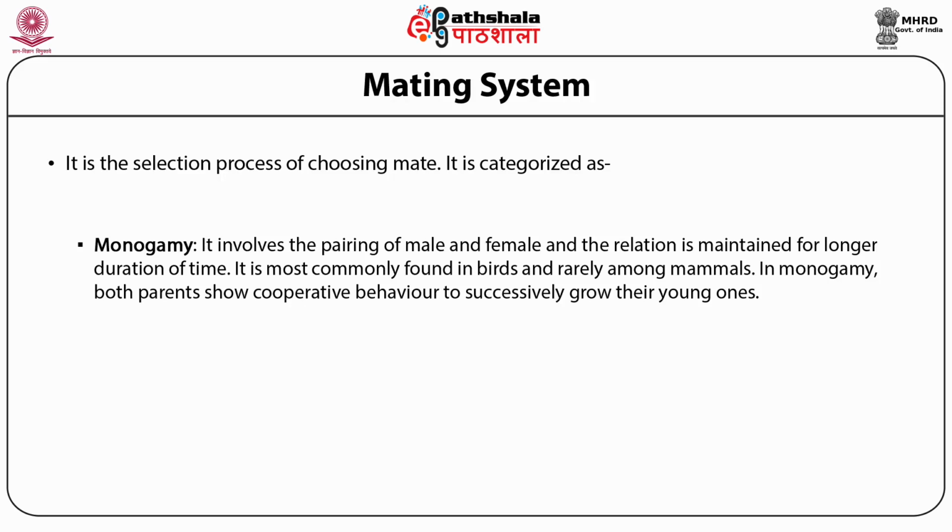Monogamy is most commonly found in birds and rarely among mammals. In monogamy, both parents show cooperative behavior to successfully grow their young ones.